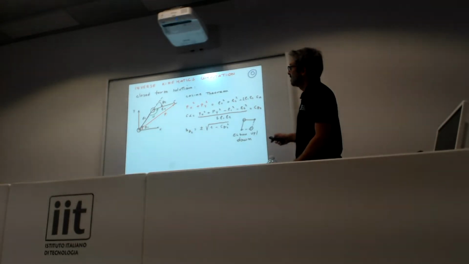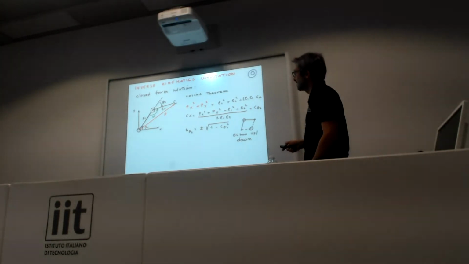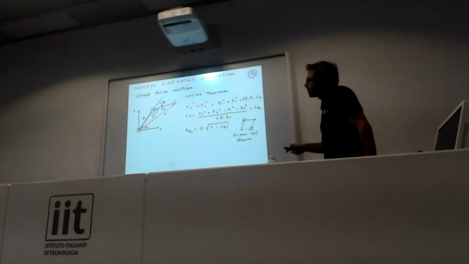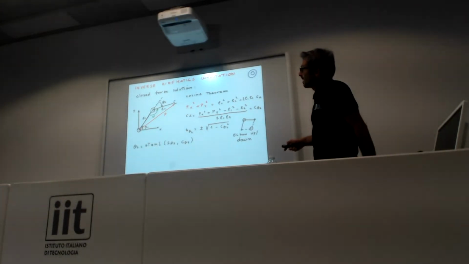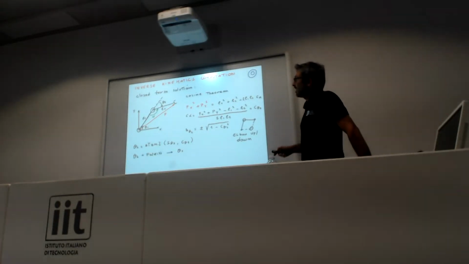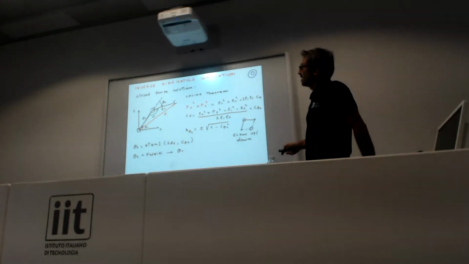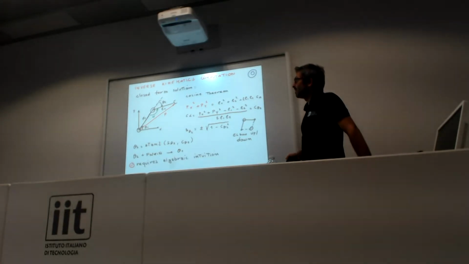Already you can see that if you have the elbow below, you will have a certain sine of theta 2. If you have the elbow up, you have another sine of theta 2. Then, using the arctangent of sine and cosine, you can obtain theta 2, and using forward kinematics, knowing theta 2, you can easily work out theta 1.